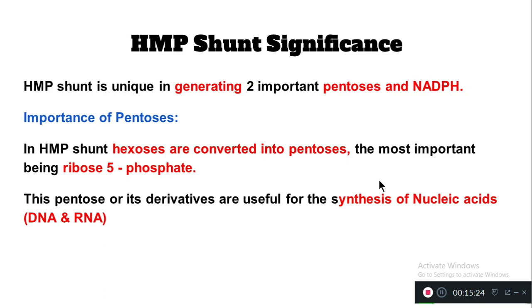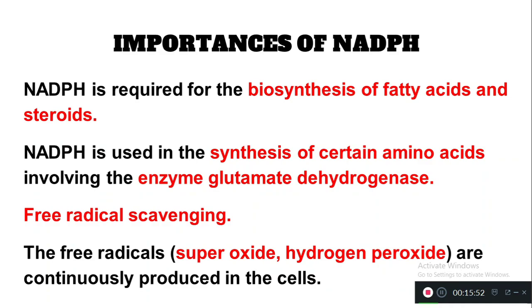The most common pentose produced in the HMP shunt is ribose 5-phosphate. This pentose is very useful for the synthesis of nucleic acids like DNA and RNA.